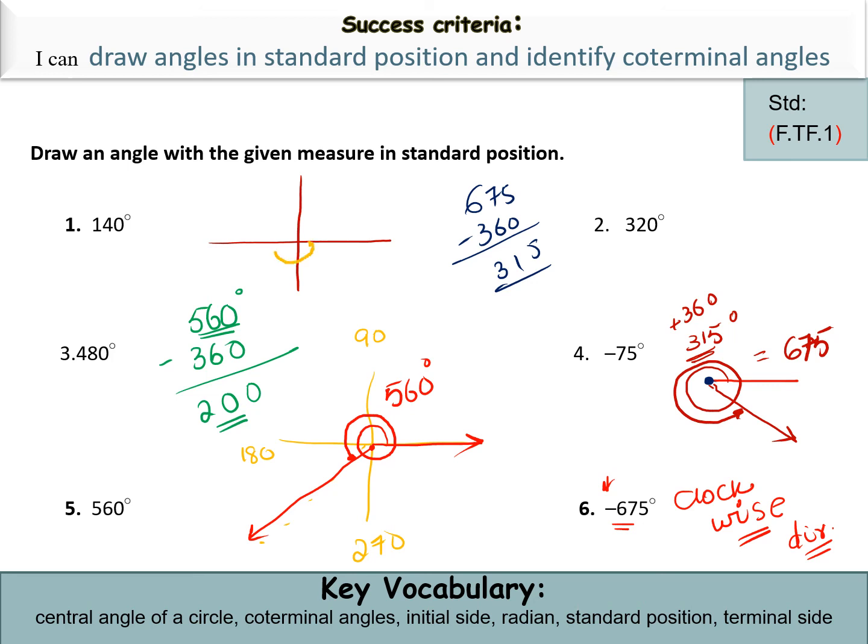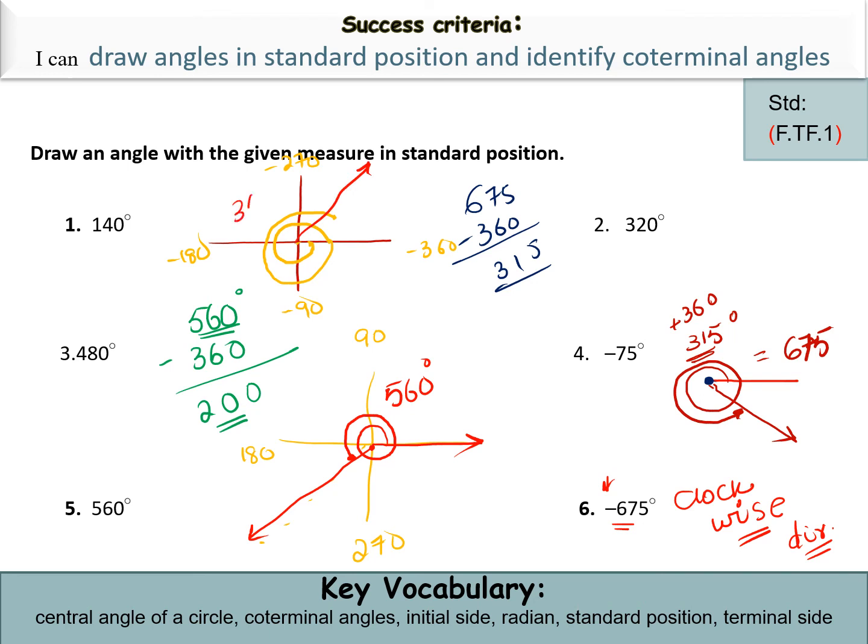So one clockwise rotation is over here like this, right? Now, this is your negative 90, negative 180, negative 270, and here negative 360. It means negative 315 will come over here somewhere. So now on this side you have to draw the angle.